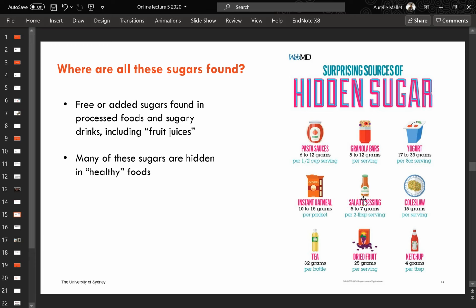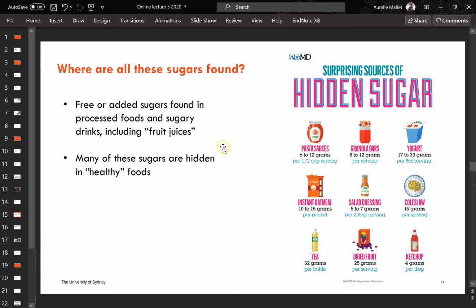This is there just to show you these are the things that we need to consider if we are designing a campaign on sugar consumption. We know that there are different kinds of sugars, free sugars versus naturally occurring sugars. We now know that there are different names for free sugars, and that there are some foods where it would be quite obvious that they are unhealthy for us because they have a lot of sugars.